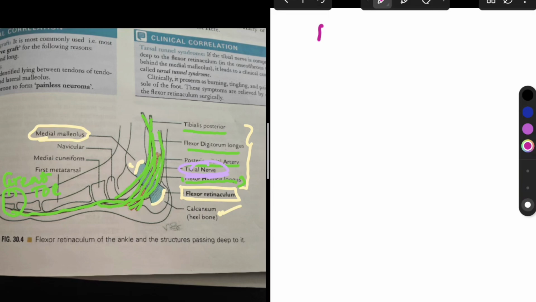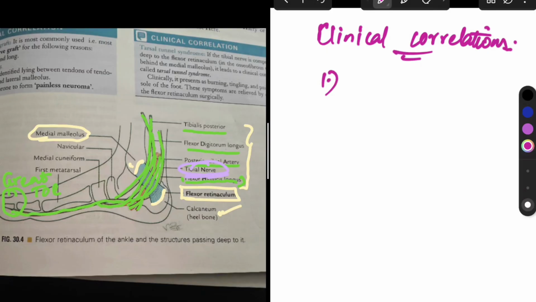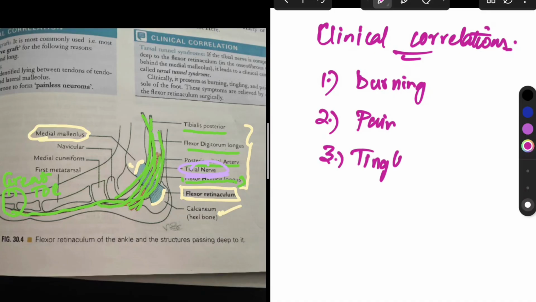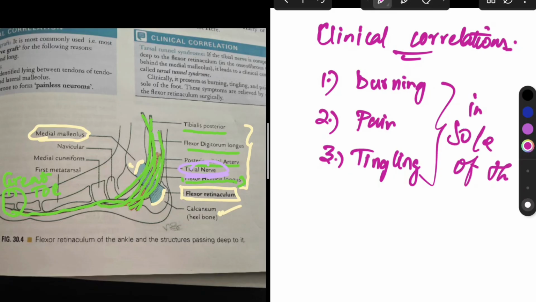What are the clinical correlations present in tarsal tunnel syndrome? The first is a burning sensation in the sole of the foot, second is pain, and third is a tingling sensation in the sole of the foot.